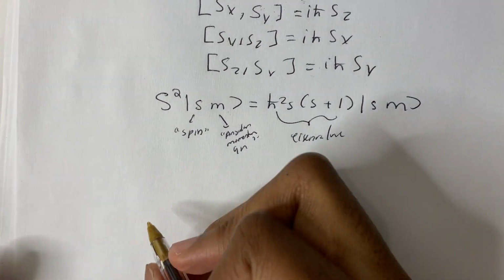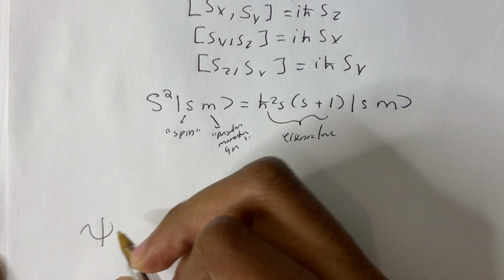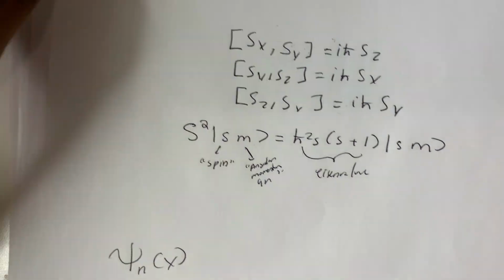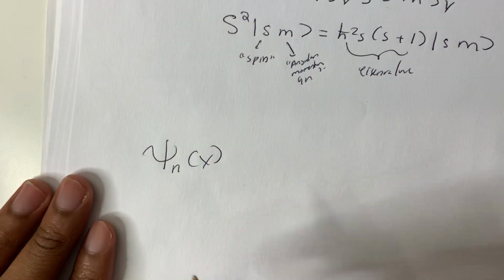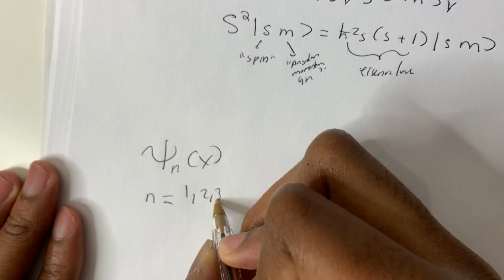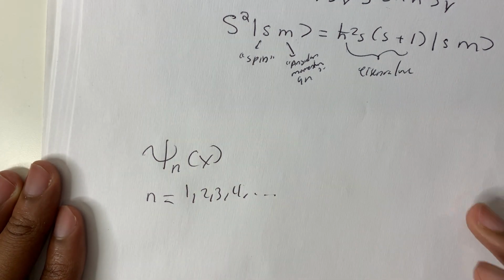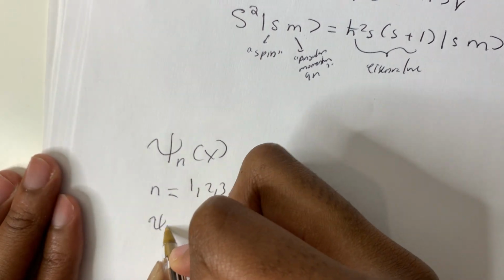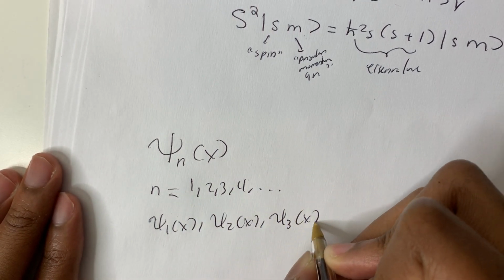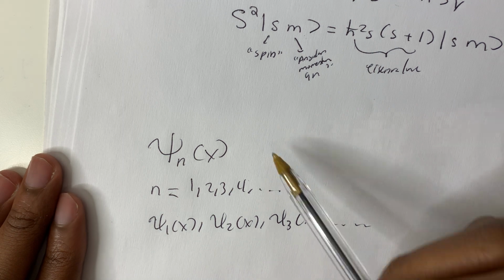Say I have some wave function, psi n of x. This is just a normal wave function in quantum mechanics. Now n can take on values like 1, 2, 3, 4, and so on, and it gives us psi 1 of x, psi 2 of x, psi 3 of x, and so on.